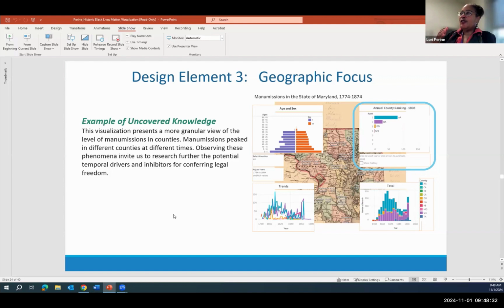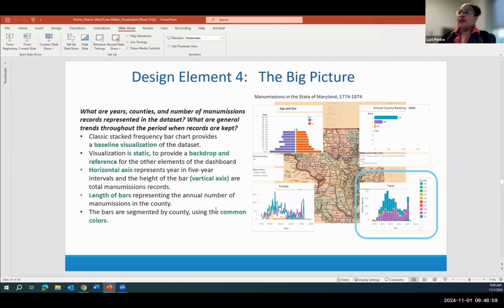And as I mentioned, it kind of complements some of the things we're seeing in the trends in terms of, why are we seeing more, periods where we have more or less folks being manumitted, especially when they're concentrated around particular times and not anywhere near times that we might normally think historically we would see that kind of movement.